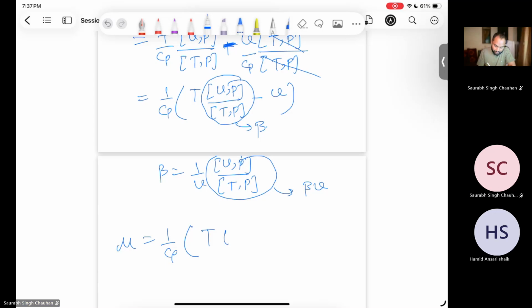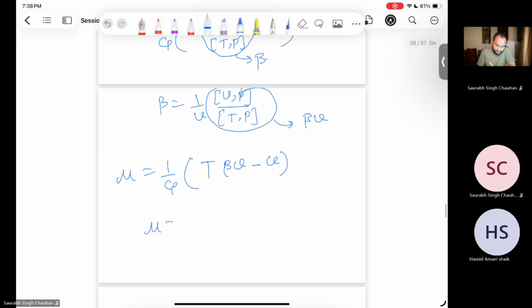beta V minus V. And V again you can take common. So it will be V by Cp, (T beta minus 1).